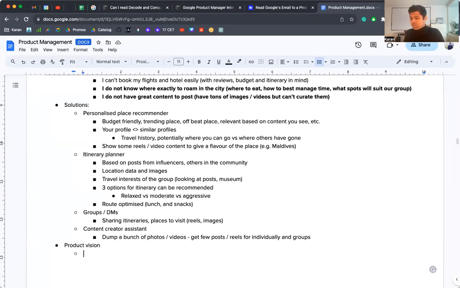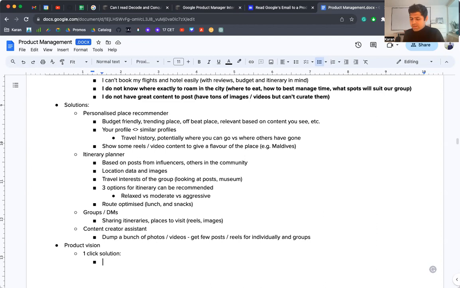And then there could be two sections to it. One is a one-click solution, where you say, give me a travel itinerary for 5 people, and it should be a beach spot.